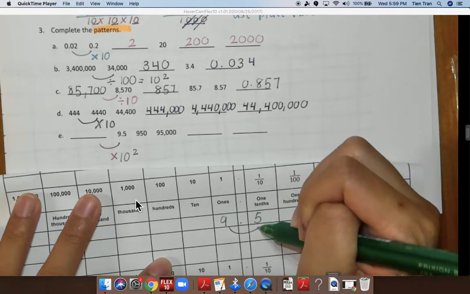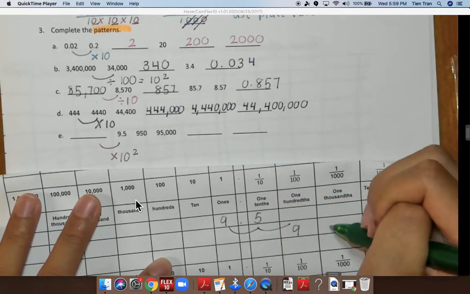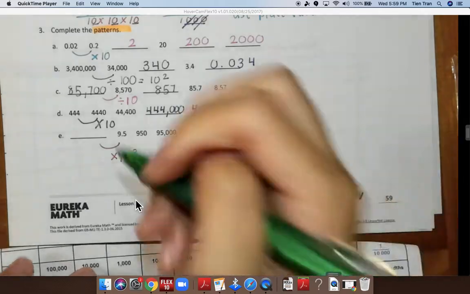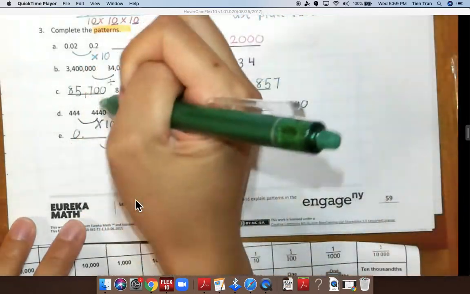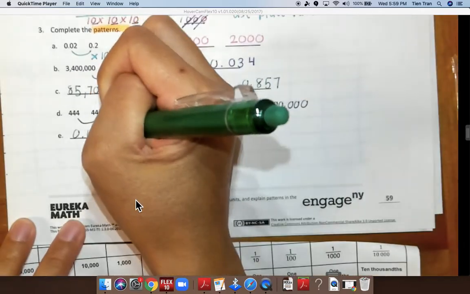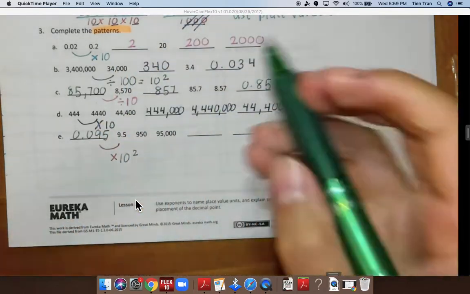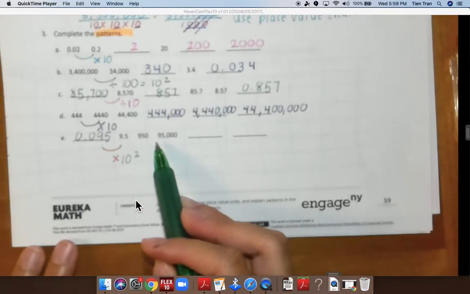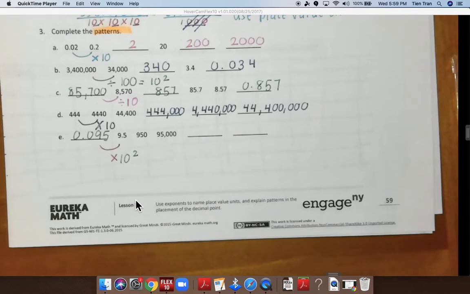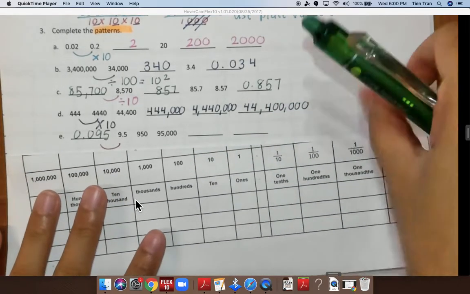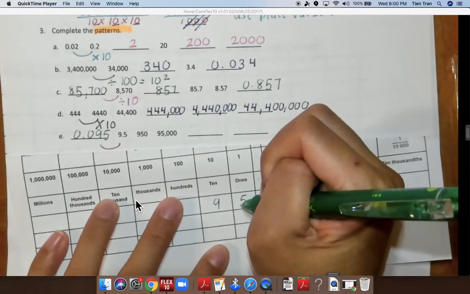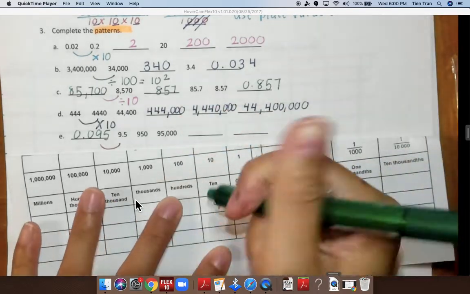So we're going to go 1, 2. So I have 9, 5 right there. So my answer is going to be 0.095. And then when I increase, I have 95,000. And I'm going to multiply. So right here, 95,000.